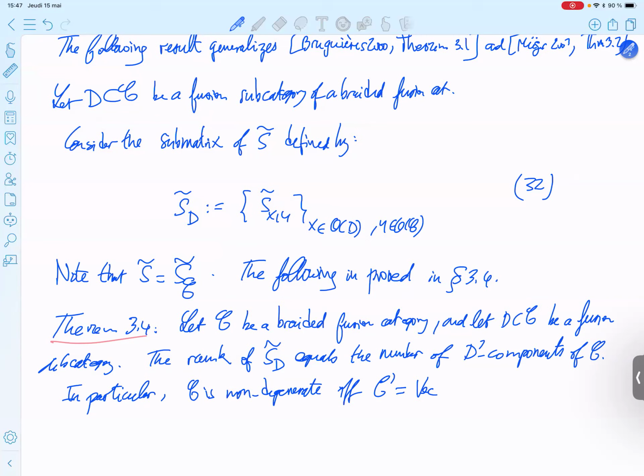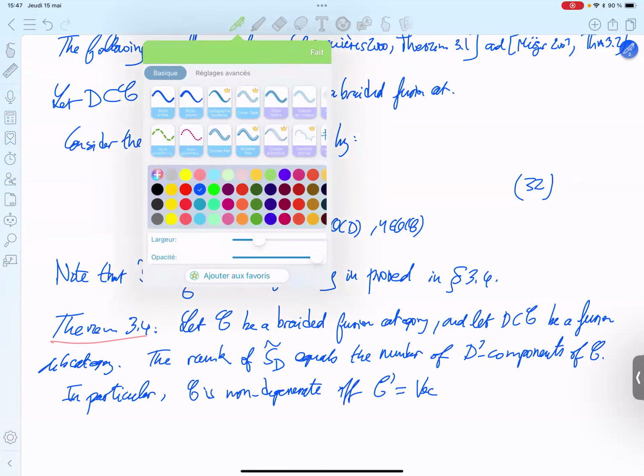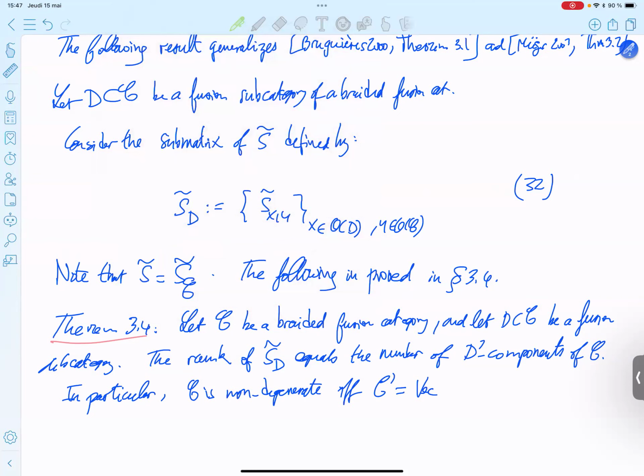And this last, so the first sentence will be proved in subsection 3.4. Maybe in subsection 3.4, we will also discuss the last sentence, but you can see the last sentence directly here.